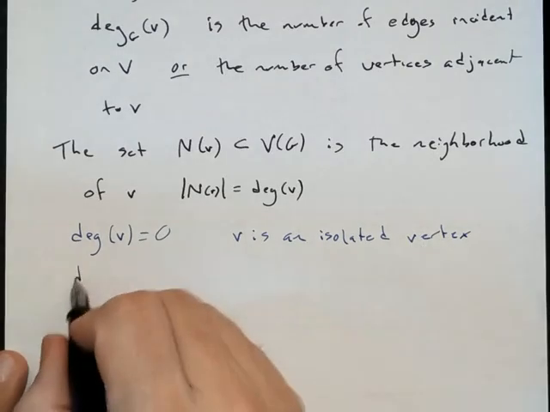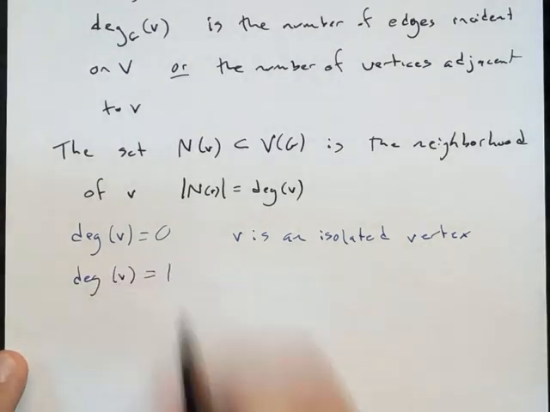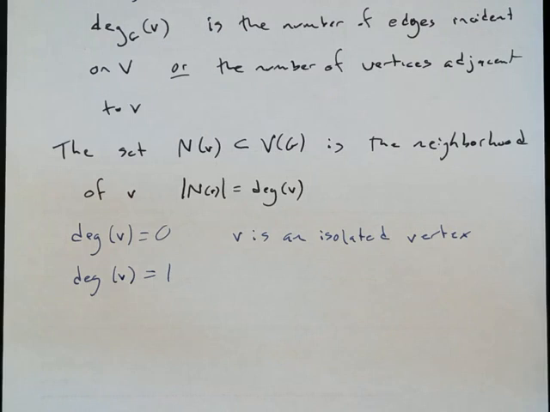On the other hand, what if my degree is 1? What's a picture look like where the degree of a vertex is just 1? Well, then both would have degree 1, right? But I could have one vertex of degree 1 in a larger graph, right?